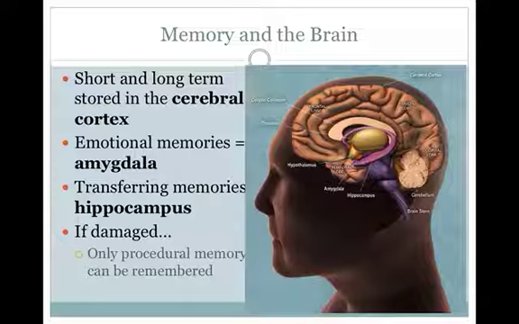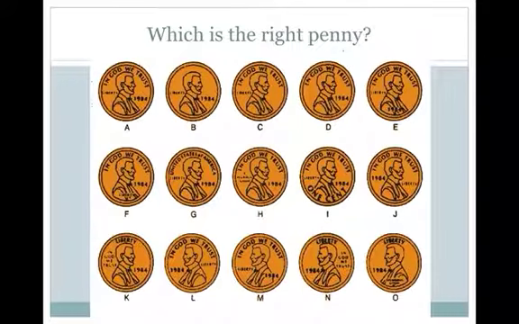So what we mean by that is when people have accidents or TBIs and they cannot remember certain events in their life, maybe there's damage to the amygdala, the hippocampus, or the cerebral cortex, procedural memory can be remembered only. So, learning how to tie your shoe, learning how to drive again, how to make toast, how to cook eggs, different things that are procedures in our normal day-to-day life.